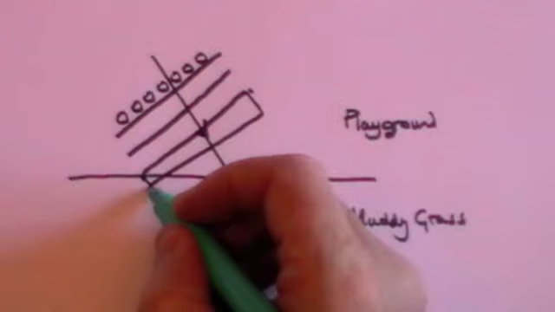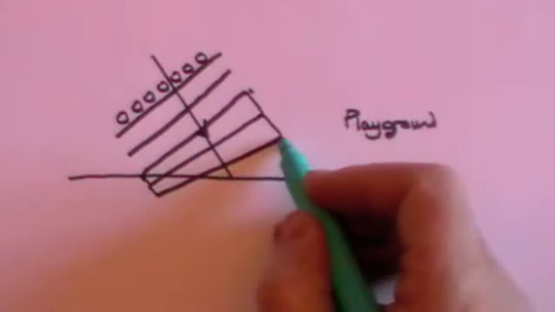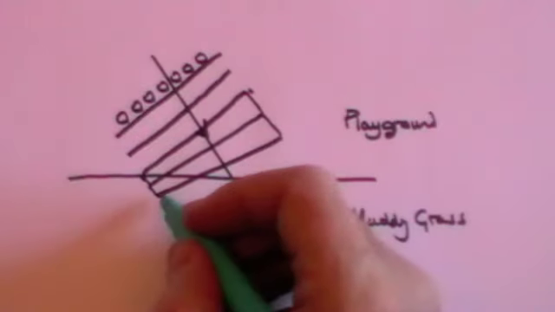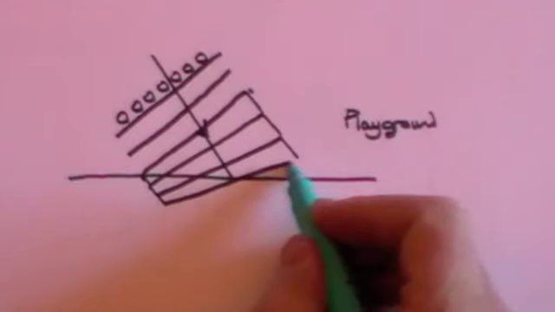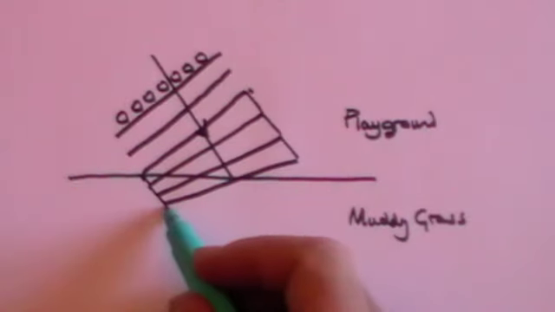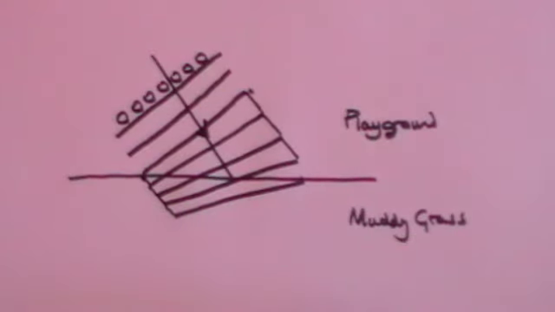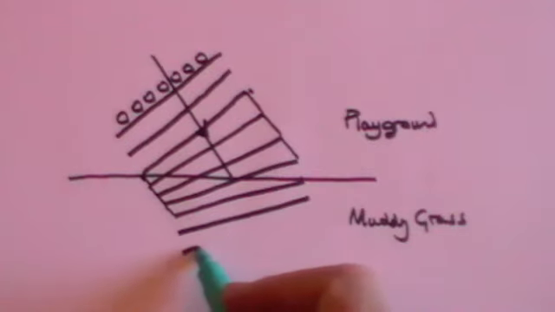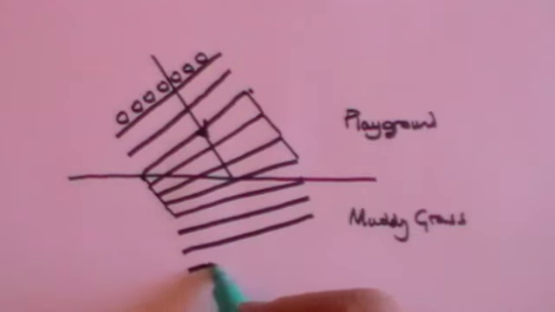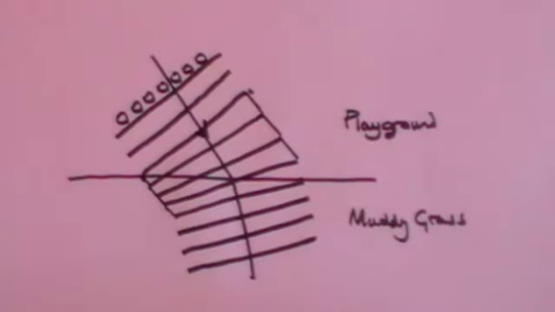Again, these children won't get very far, these children will get further, so the line changes again. These children won't get very far because they're on the muddy grass, these are still on the playground, so the line changes again, until eventually all the children are on the muddy grass, and now they can continue to move at the same speed because they're all subject to the same muddy grass, but you'll notice that the whole thing has changed direction.